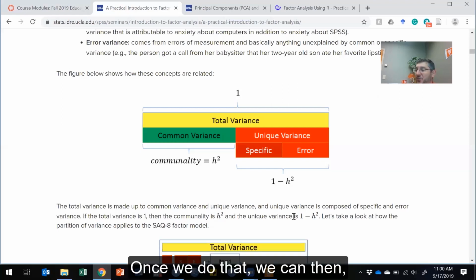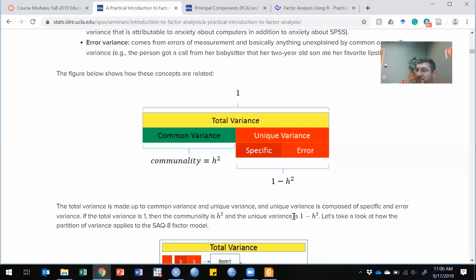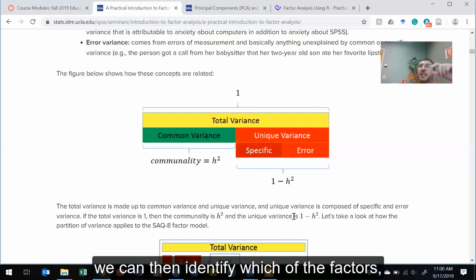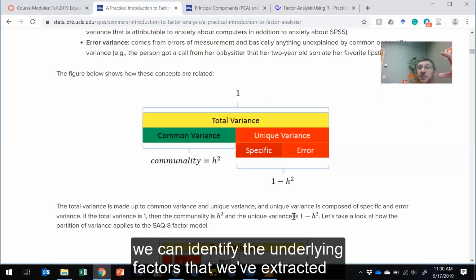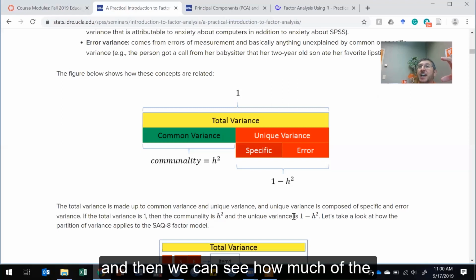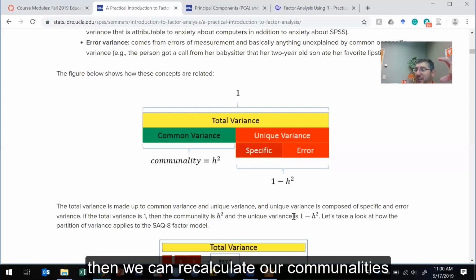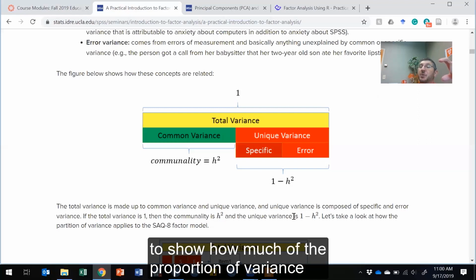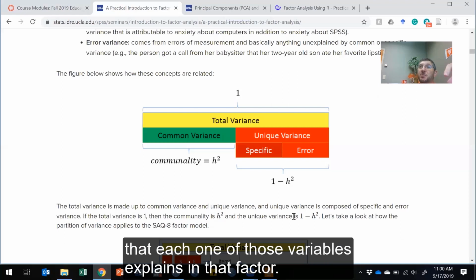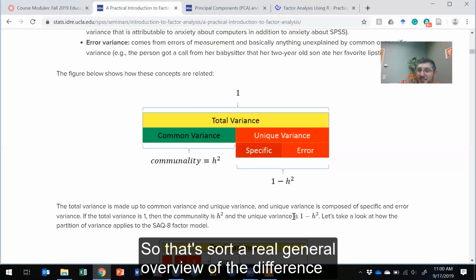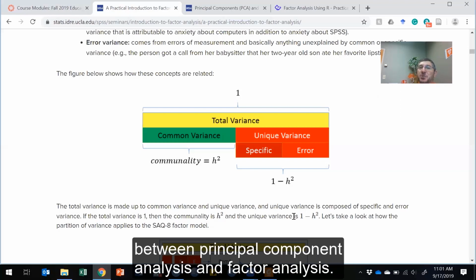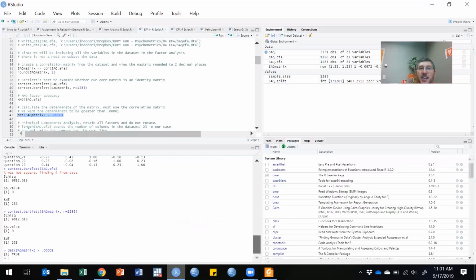Once we do that, we can identify the underlying factors that we've extracted, and then we can recalculate our communalities to show what proportion of variance each one of those variables explains in that factor. So that's a real general overview of the difference between principal component analysis and factor analysis.